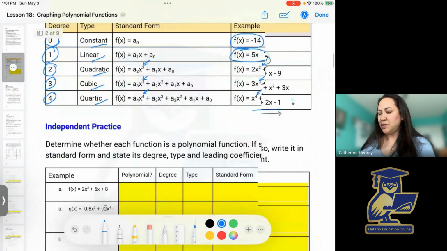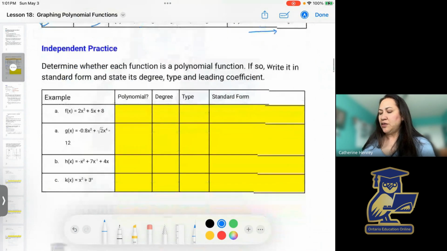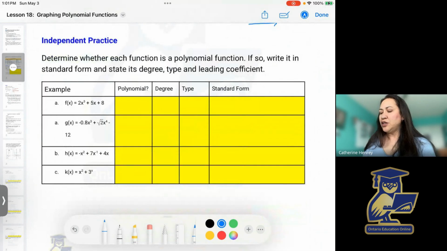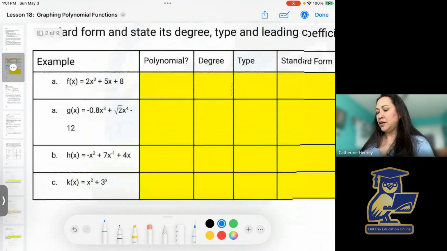So let's see some practice. We give you an example: determine whether each function is a polynomial function, and if so, write it in standard form and state its degree. So remember a couple of the definitions of what it would be to be a polynomial.